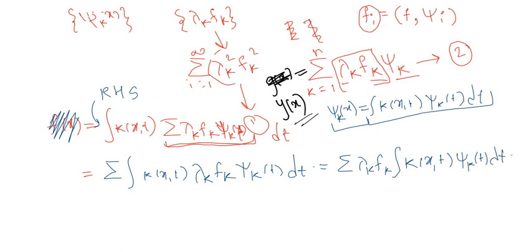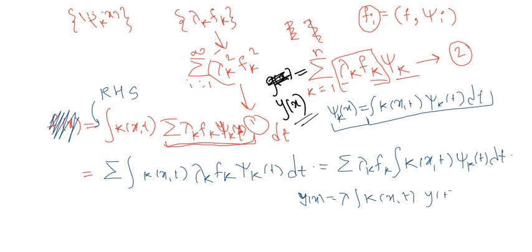So the integral of k of x comma t xi k of t dt is nothing but xi k of x, because xi k of x is the solution of the homogeneous Fredholm integral equation of this type: y of x equal to lambda times the integral of k of x comma t y of t dt.